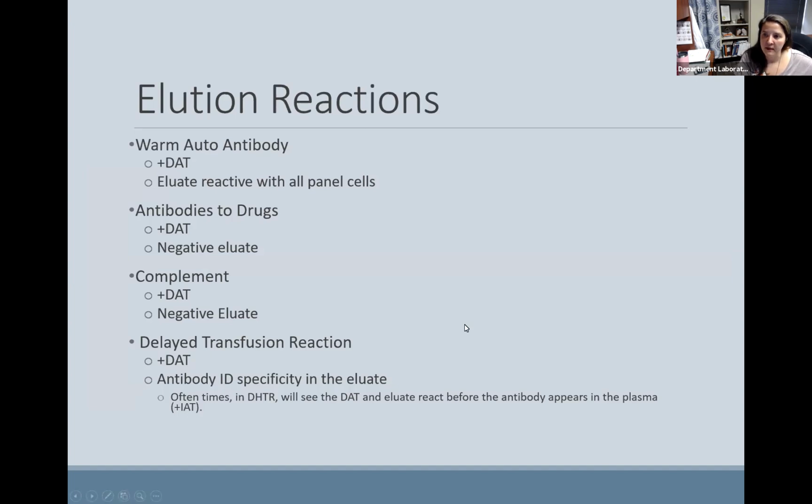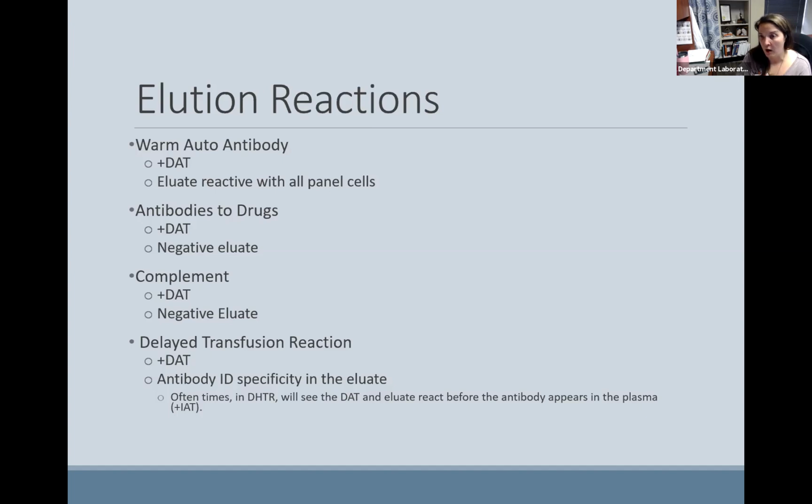So just some different varying reactions. In the event that you have a warm autoantibody, your DAT is going to be positive, your IAT is going to be positive, your panel is going to be pan-reactive. When you do your eluate, if a warm autoantibody is present, it's an IgG classification, your eluate is going to be pan-reactive as well.